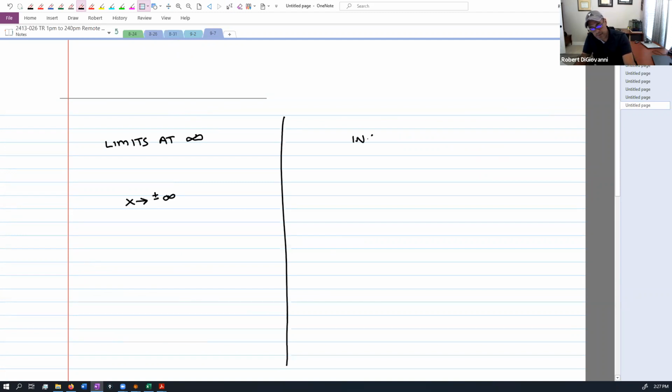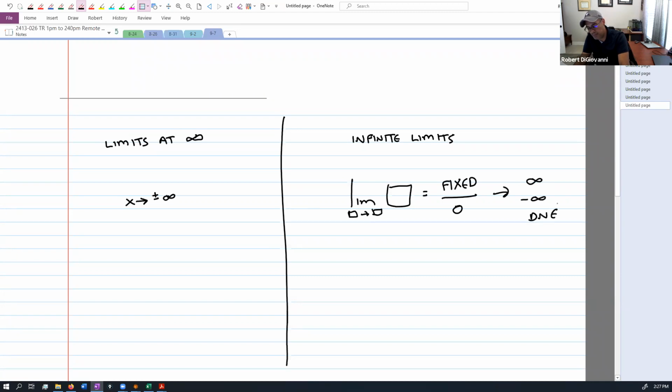And then we had infinite limits, where when we did the limit, it didn't matter what the limit was, but we were getting something like fixed over 0, and that was either going to be infinity, negative infinity, or does not exist. Those are two different types of limits, limits at infinity and infinite limits.